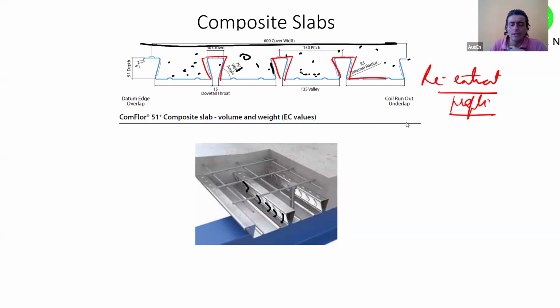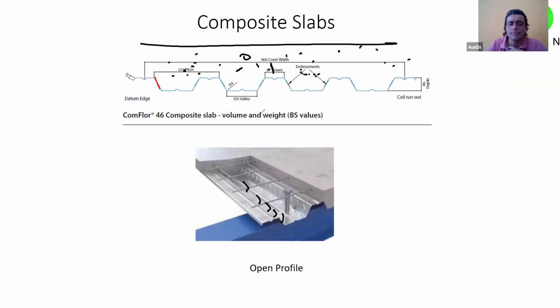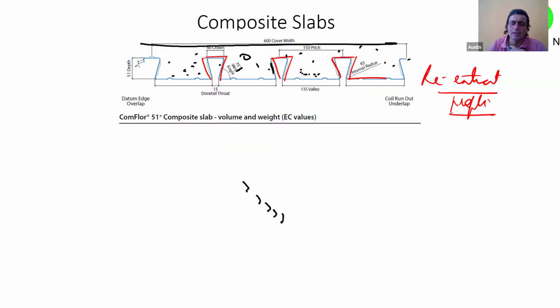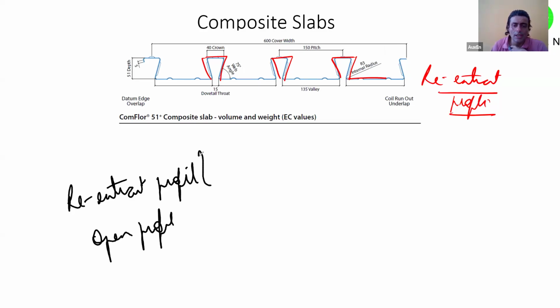If you knew nothing about the concept, and I just asked which of these two shapes will provide better composite action between RCC and metal profile, just out of your intuition, this re-entrant profile or the open profile, which will give you a better composite action between concrete and the metal deck? Tell me.